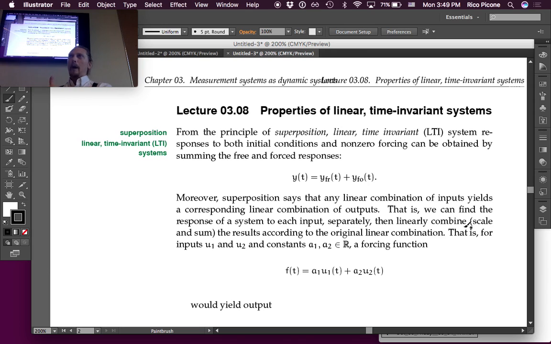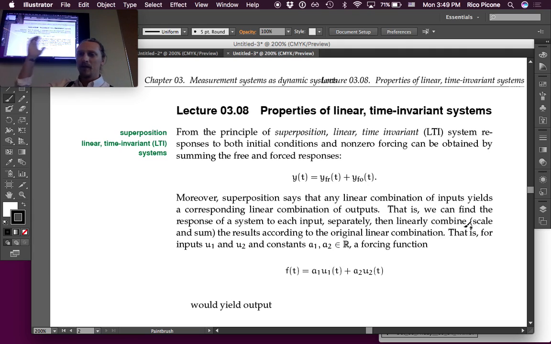We have thus far dealt with first order and second order and zeroth order dynamic systems, measurement systems that respond to inputs. But we've also dealt with some that are in free response, just to initial conditions, and others that are forced with some input, right?